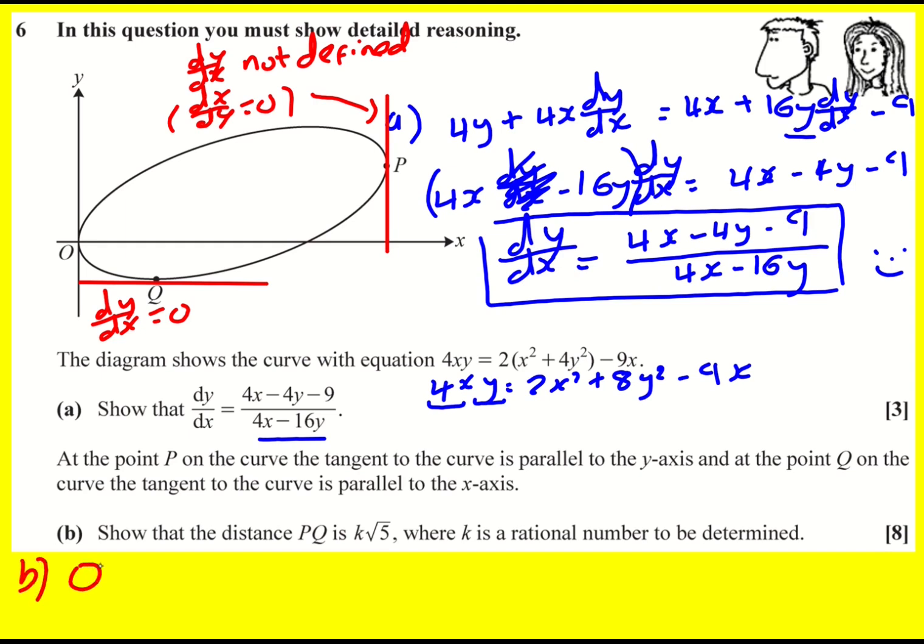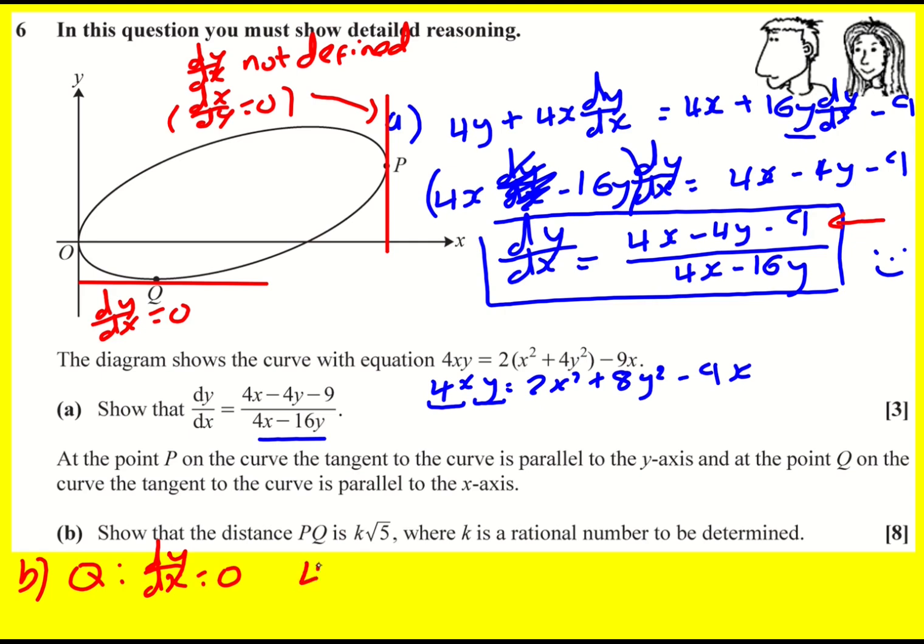So I think I'll first of all look at Q. dy by dx is equal to 0. Now the only way dy by dx can equal 0 is if the numerator is equal to 0. There's nothing that the denominator can equal to cause dy by dx to equal 0.